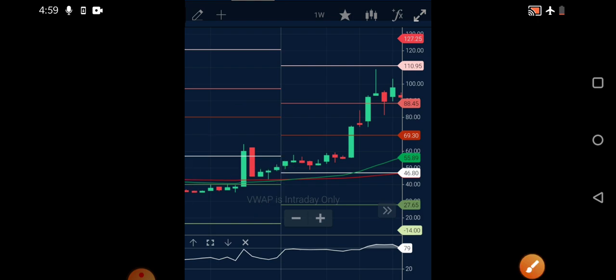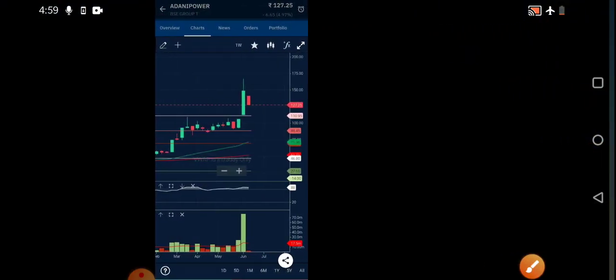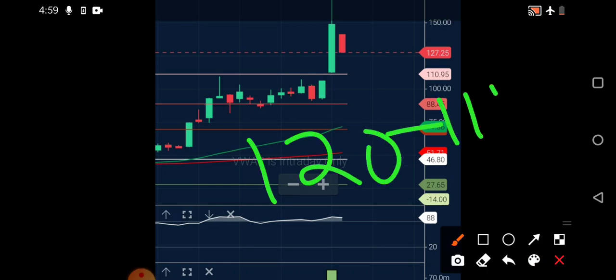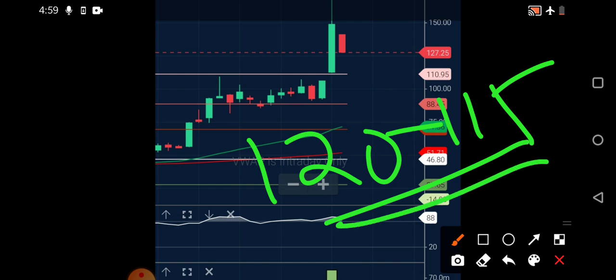Seeing the current chart, we can say near 120 and 115, these levels are going to be very important for Adani Power. Doing the back testing itself, this particular region becomes very important on the weekly time frame. And at 1110 we also have a very strong pivot support, where the stock earlier used to face resistance.